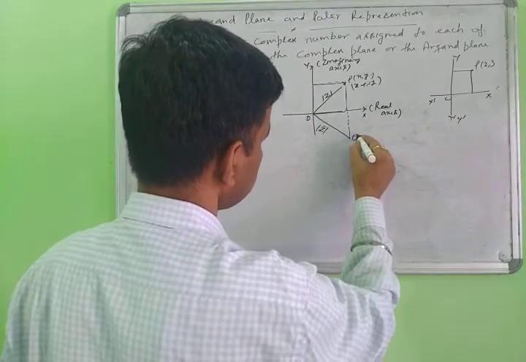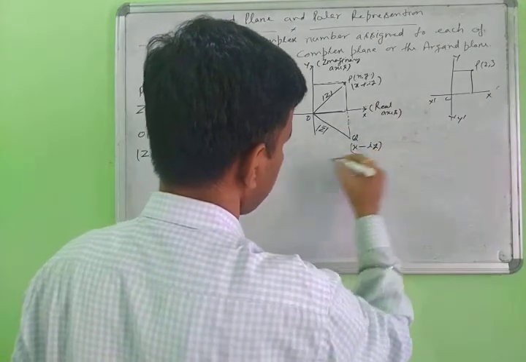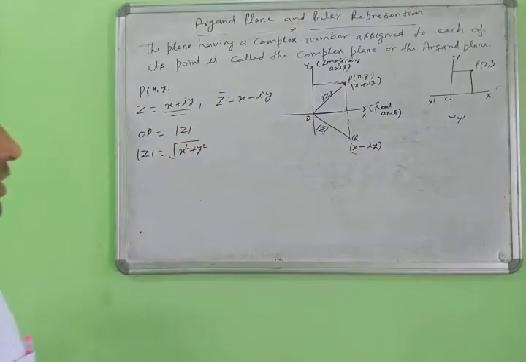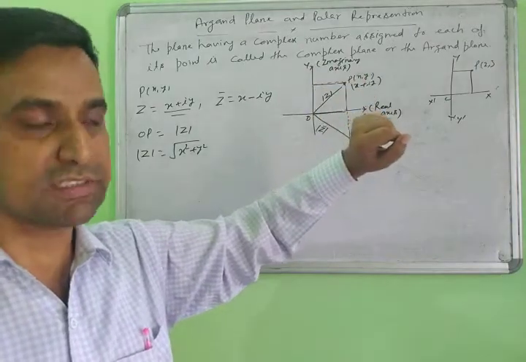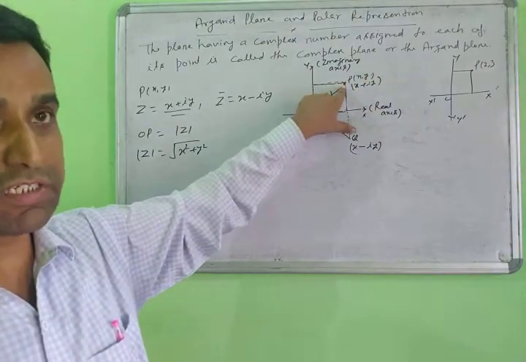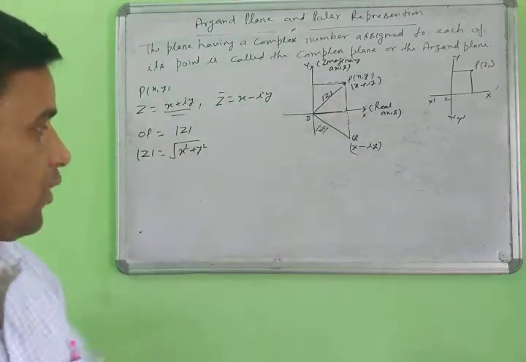Suppose this point is Q, and it is of the form x minus iy. How much is the distance PQ here? This is coordinate geometry, the distance between two points.